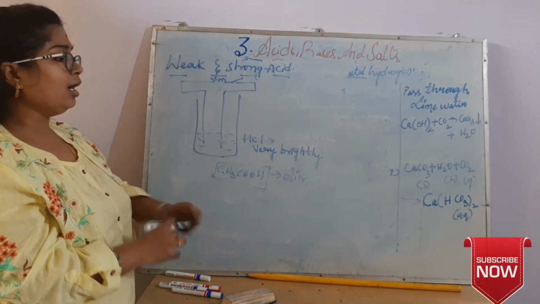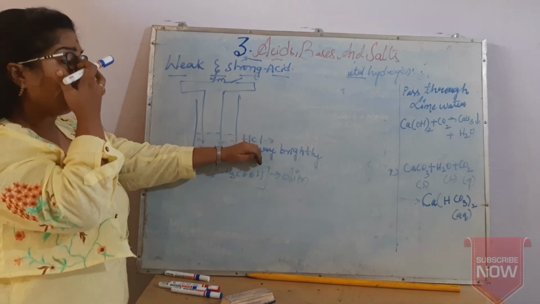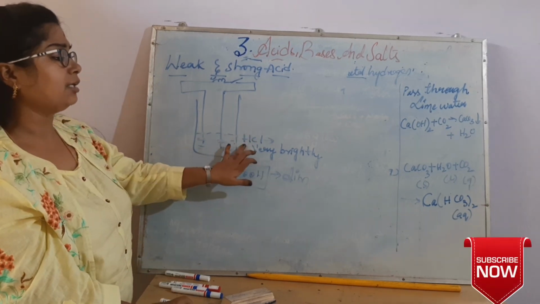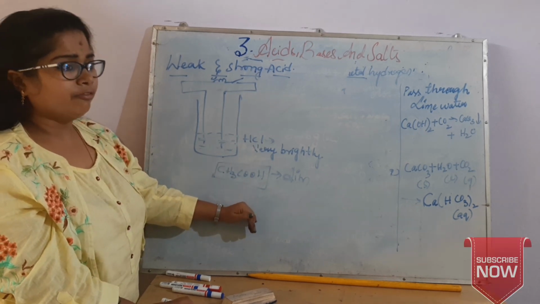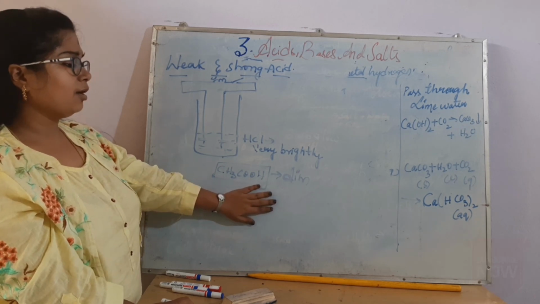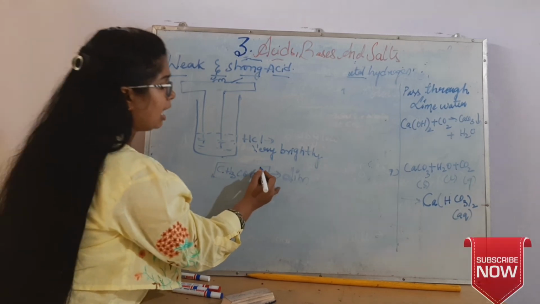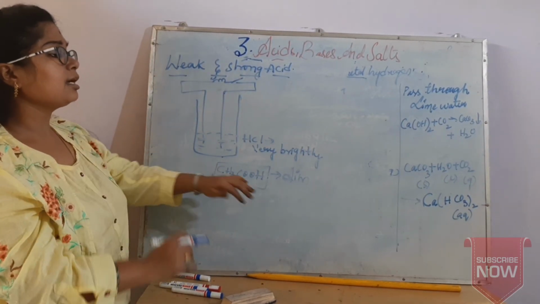In strong acids, the hydrogen will dissociate completely. Whereas in the case of acids like CH3COOH, we saw only one hydrogen atom will come out of four hydrogen atoms. So they are called weak acids.